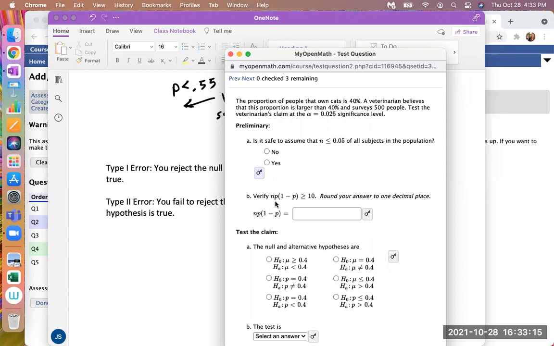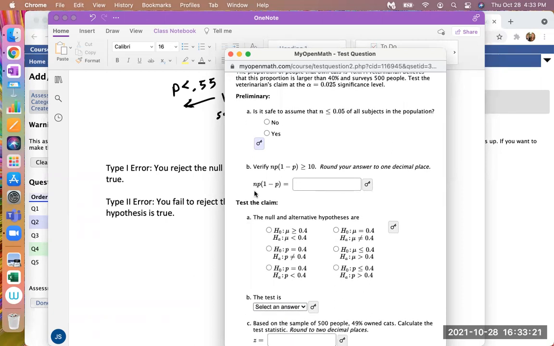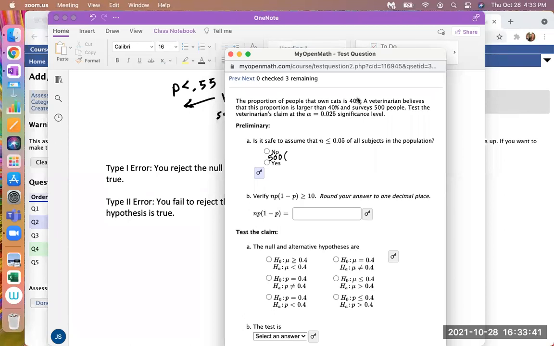Then it says verify that n times p times 1 minus p is greater than or equal to 10. The n is the number in our sample, which is 500, a large number to begin with, so this is probably going to be greater than 10. 500 times p, the believed population proportion, which is 40%.